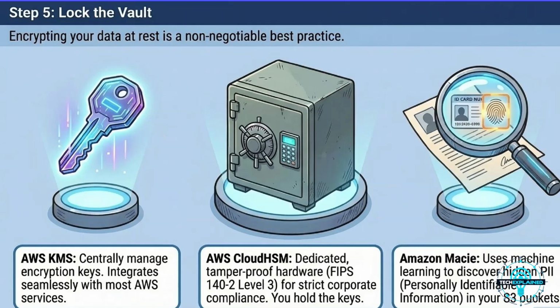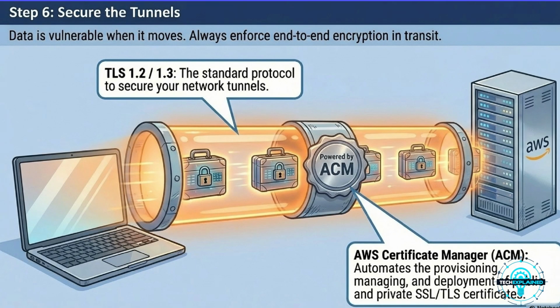For even higher security requirements, AWS CloudHSM provides hardware security modules in your own virtual private cloud, giving you exclusive control over your encryption keys. And Amazon Macie uses machine learning to automatically discover, classify, and protect sensitive data, like personally identifiable information or intellectual property.